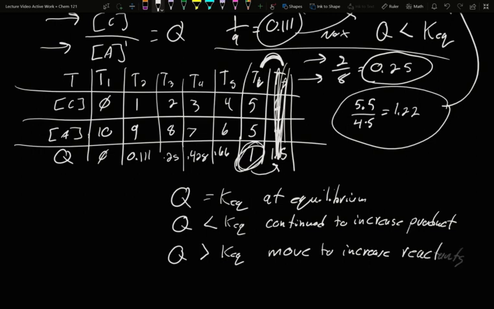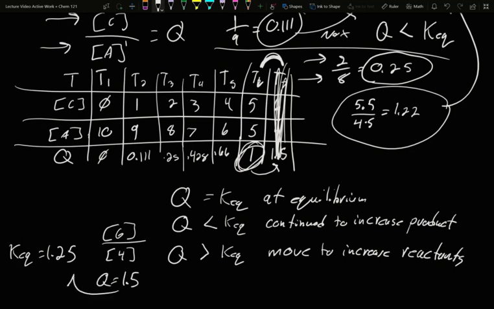reactants. If you think about why, if your KEQ was 1.25, as we just saw, but your concentrations at the moment were 6/4, well, we saw that one. It came out at 1.5. Our Q was too big. The top was too large.